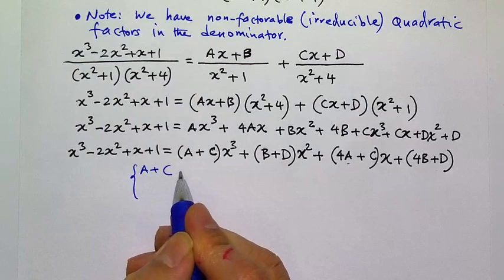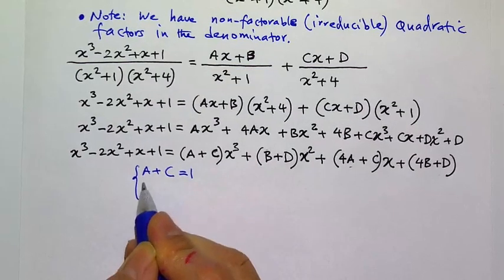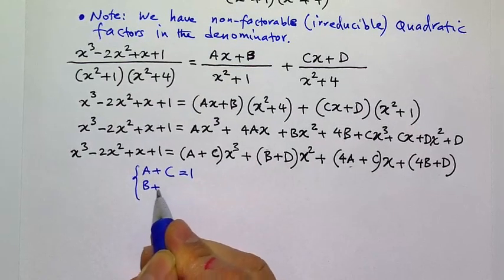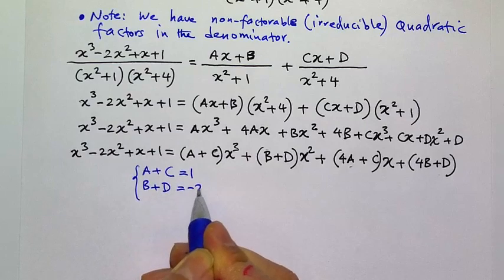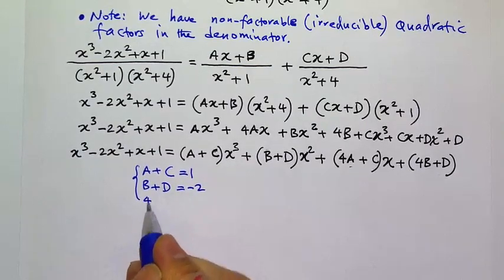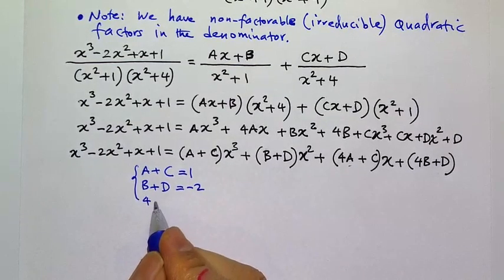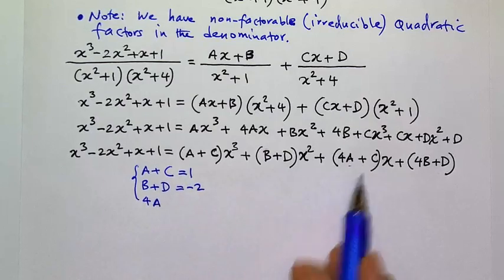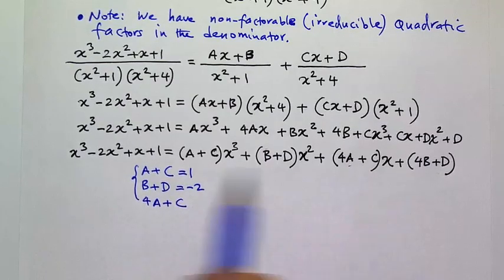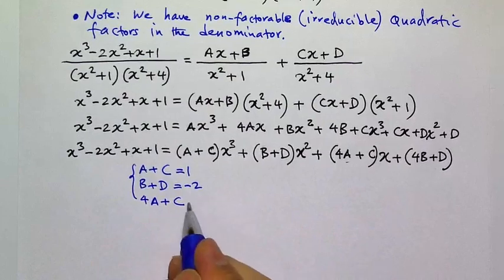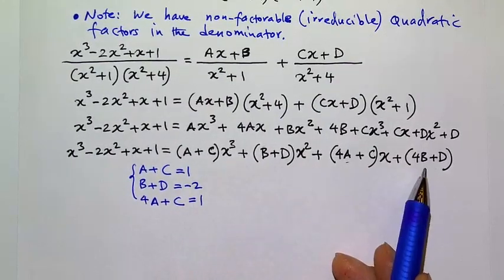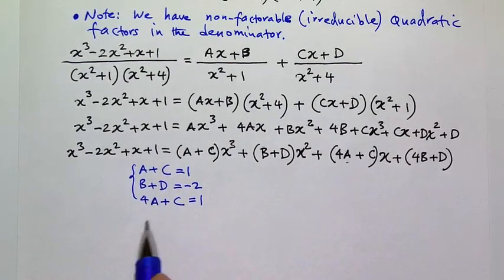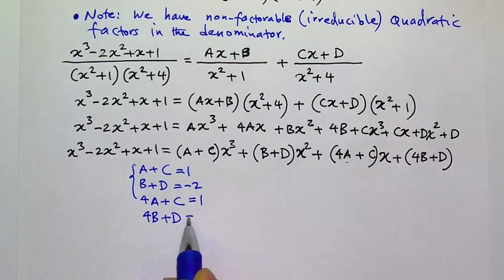So we have a plus c equals 1. b plus d equals minus 2. 4a plus c should be equal to 1. And finally, 4b plus d should be equal to 1. Like that. Okay.